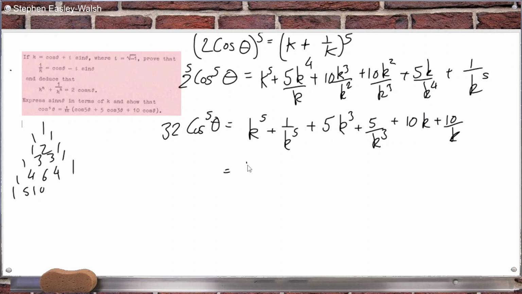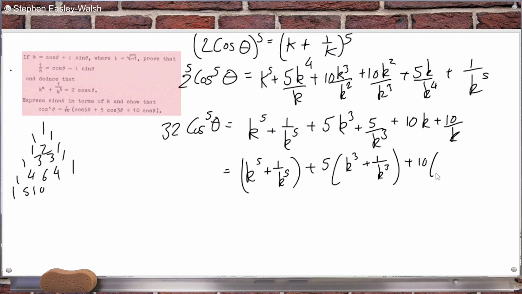So this is equal to k^5 plus 1 over k^5 plus 5 times k^3 plus 1 over k^3 plus 10 times k plus 1 over k.